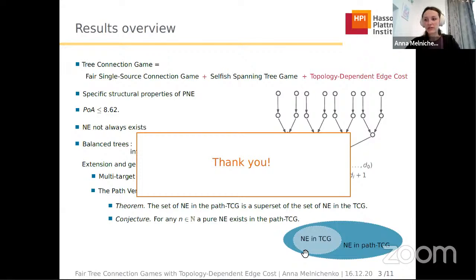There is a so-called improvement response cycle. It means that if we allow agents to be activated one by one, according to some activation order, they can come back to the original state. Of course, it leads us to the question: can we find some activation order such that we can guarantee convergence to a stable state? But we show that it's not true in general if we allow some arbitrary activation order.